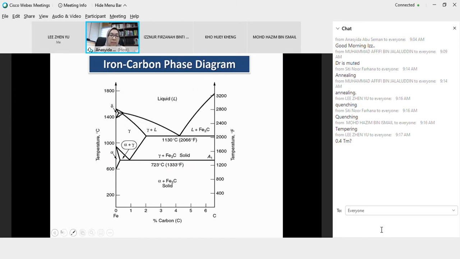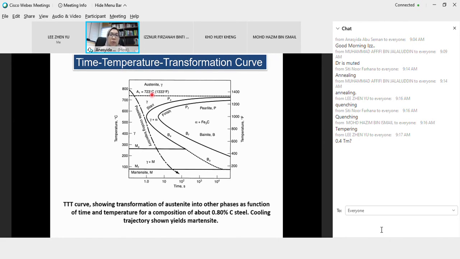Okay, so this is also another graph, time temperature transformation. So I will not go into details. So this is actually for formation of martensite. Just now I mentioned martempering. So they will actually quench until this temperature. So they'll normally use salt, right? Because they can control the salt's temperature.